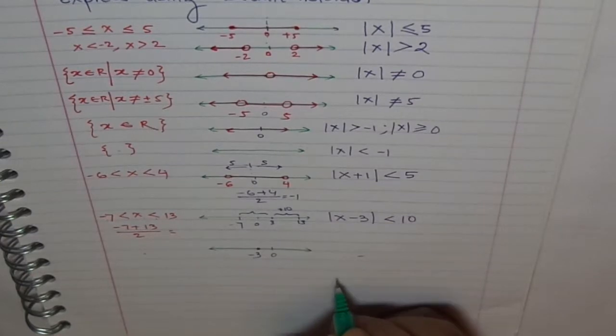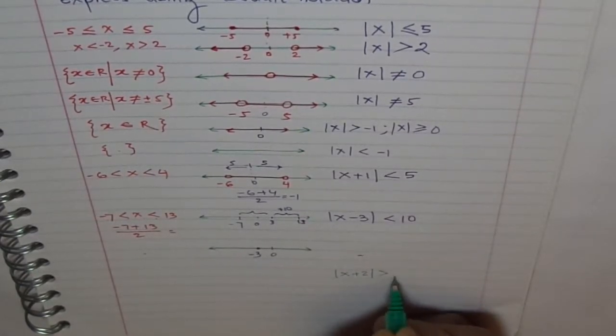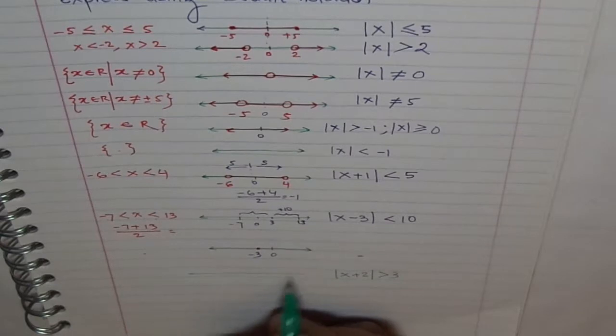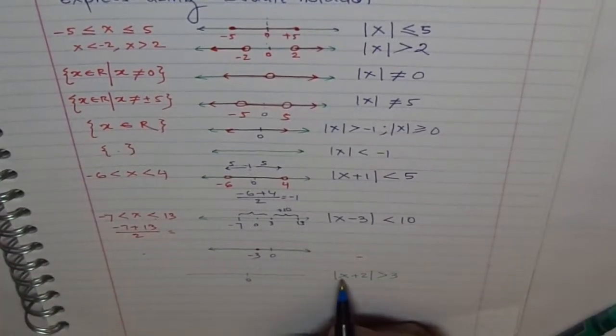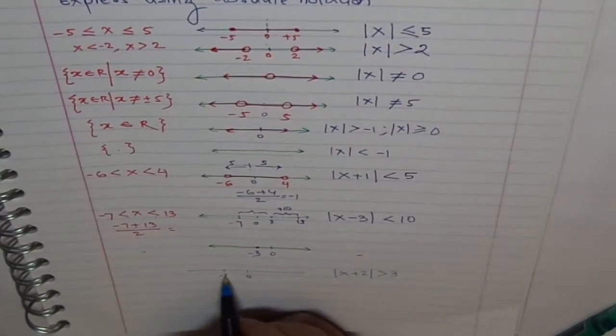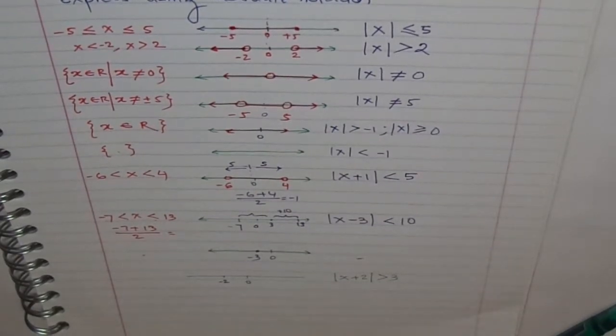Let's take one more example, once again, just to clarify these points. Let us say we have the inequality absolute x plus 2 greater than 3. It means that if I have a line here, this is my 0, and if I move my function 2 units to the negative side, then I am considering all the points which are at least 3 units away.